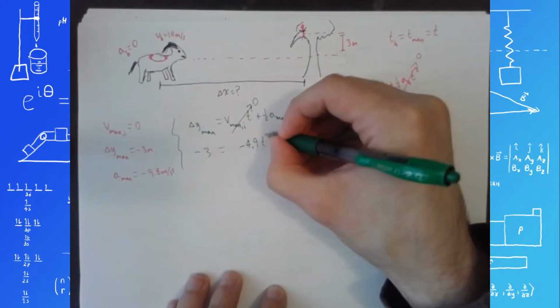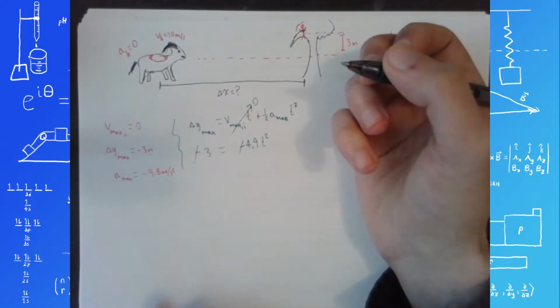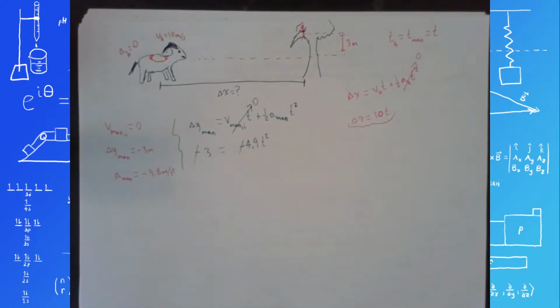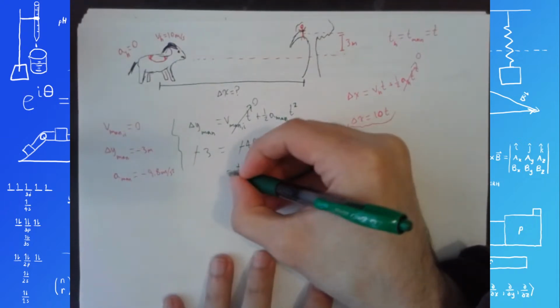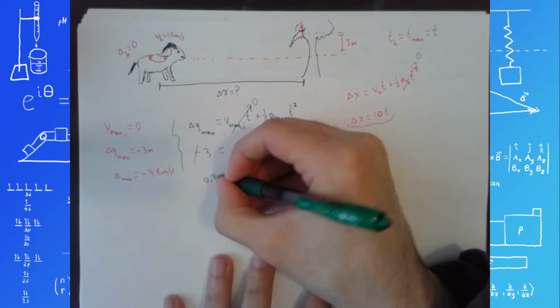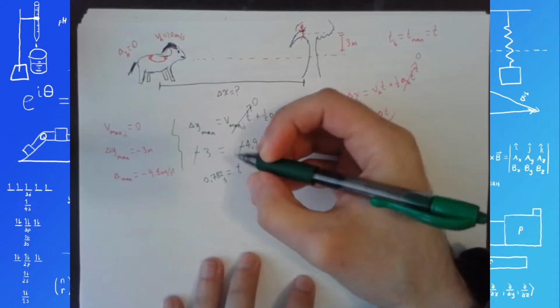And then t squared. So cancel those negatives. 3 over 4.9 equals t squared. And if I take the square root of that, what do I get? 3 over 4.9 is about 0.612244. And if I take the square root of that number before I even round it, I get 0.78246. I'm just going to round that to 0.782. So I'm getting t equals 0.782 seconds.